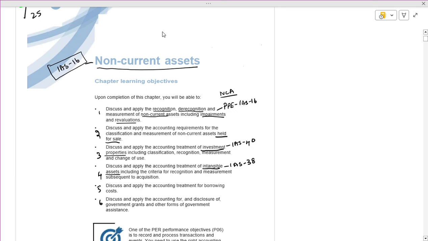We will also discuss borrowing costs: when we have to capitalize them, when we should not capitalize them, when we should treat them as capital expenditure and when we should not. And apart from that, we are also going to cover a very major part, government grants, and how they have to be treated.